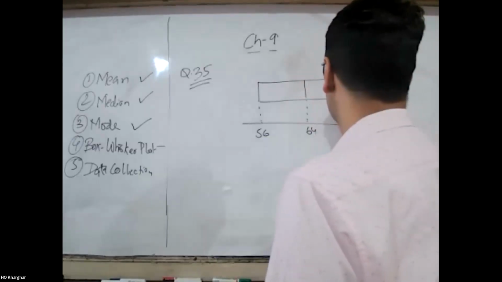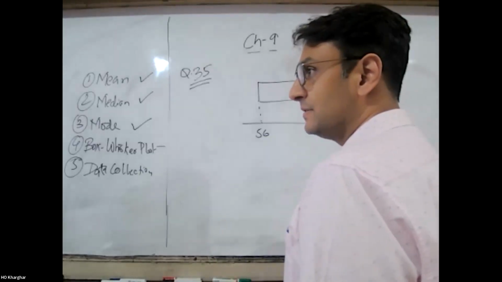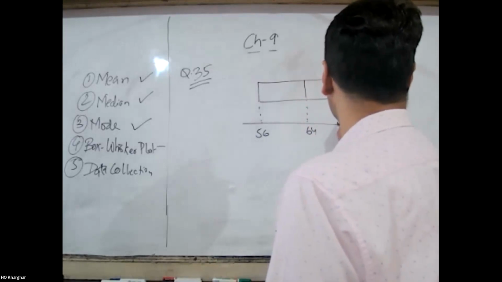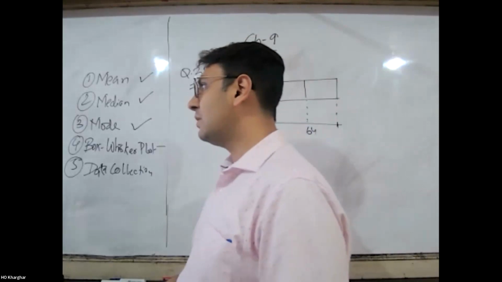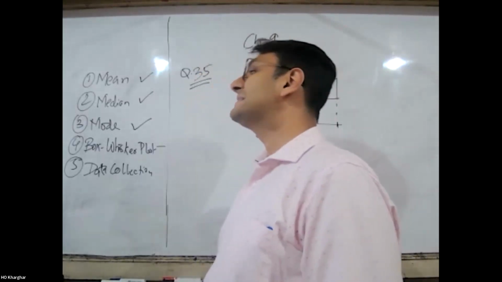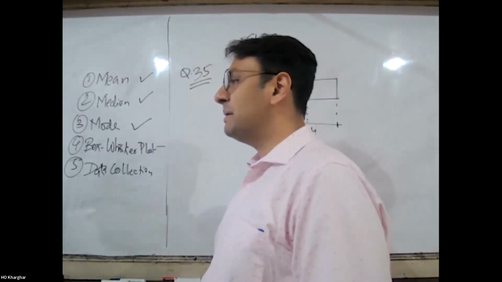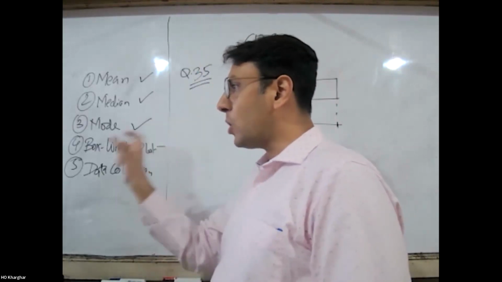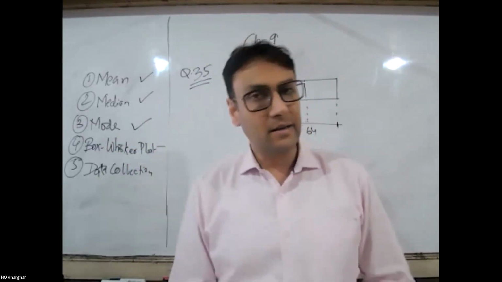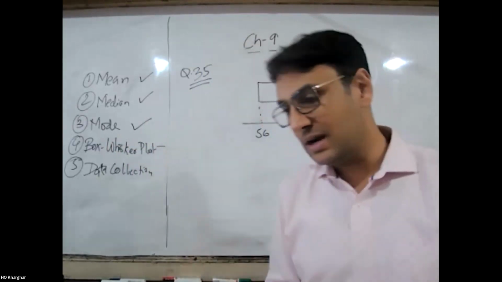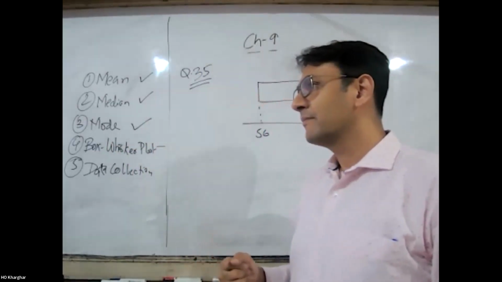Which is absolutely correct, yes. More than 25% of gyms will have more than 70 gym members. So this is that top quartile we are talking about. The answer is correct, so I'm not getting into this. Is it clear?